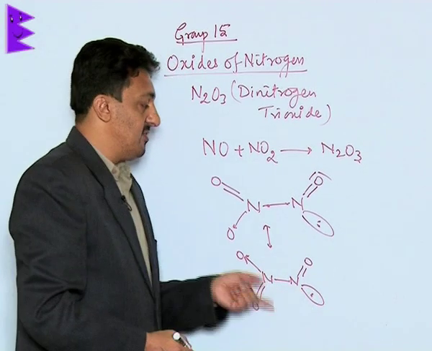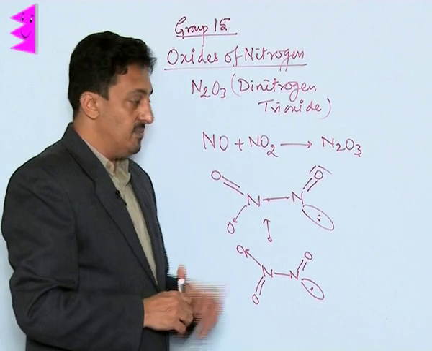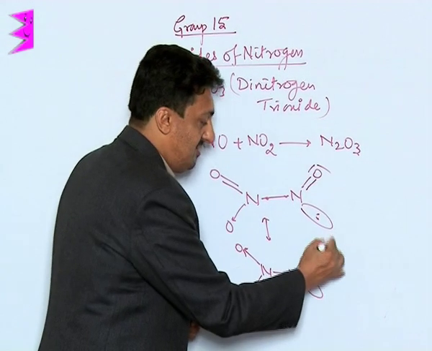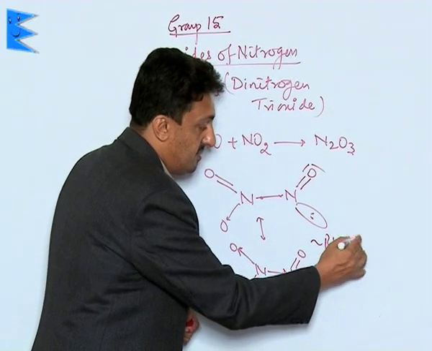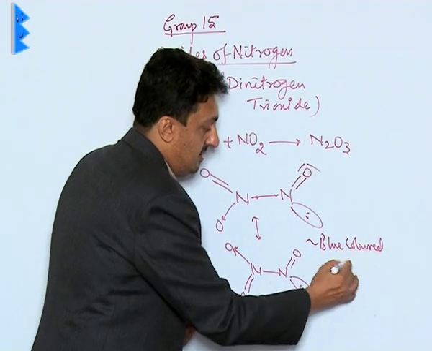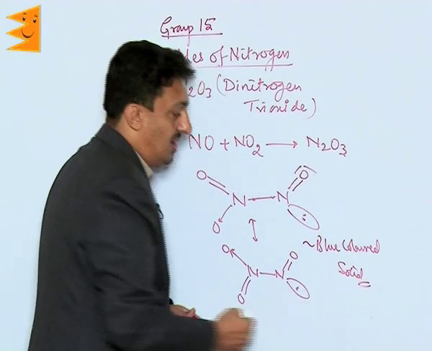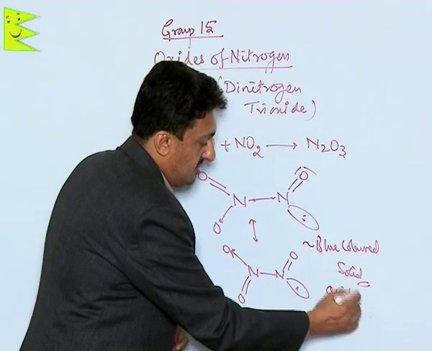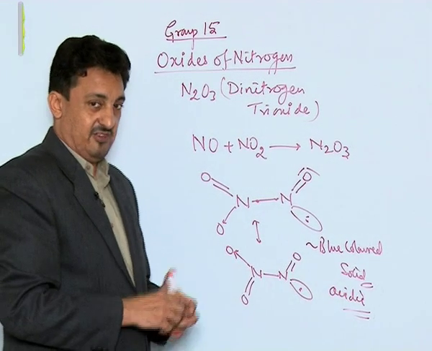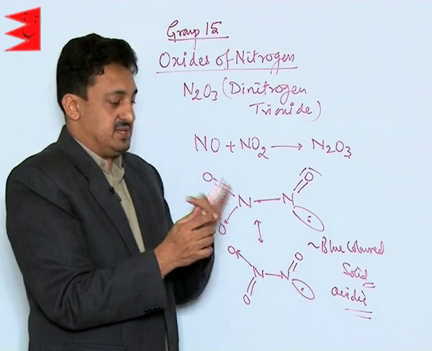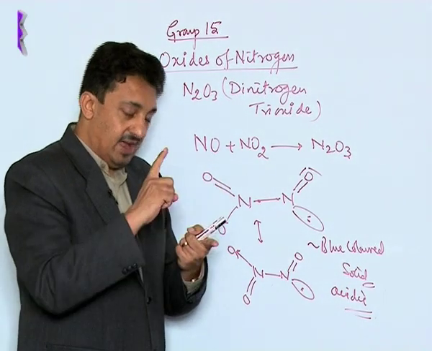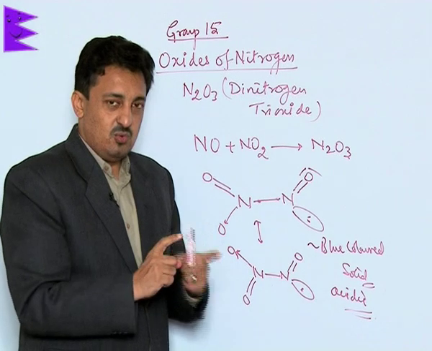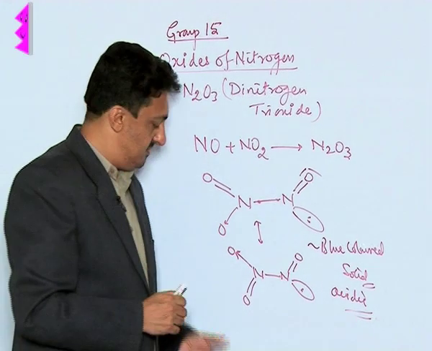So this is the lone pair. So these are the resonating structures of N2O3. Remember, N2O3, most interesting, is a blue colored, acidic solid. That's very special. So what we find is NO2 is brown colored, N2O3 is blue colored. These are the two oxides of nitrogen which are colored.